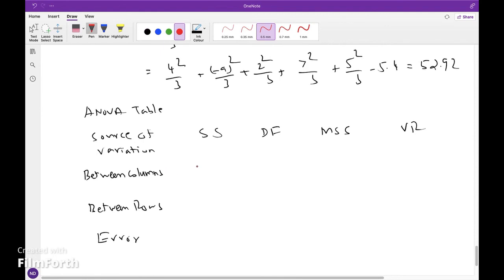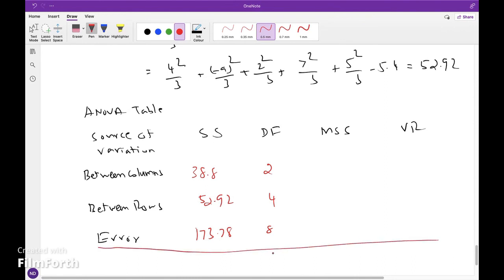Between columns 38.8, between rows 52.92, and error 173.78. Degrees of freedom 2, 4, 8. Total 14. This total is 265.5.